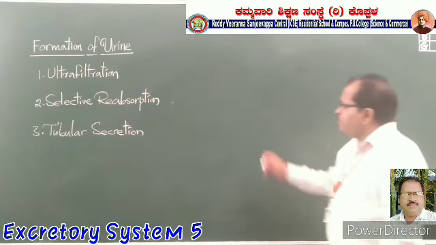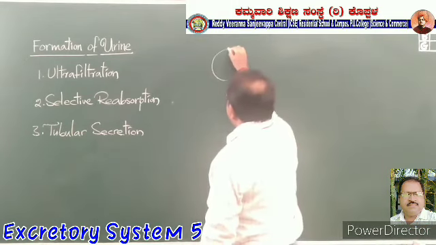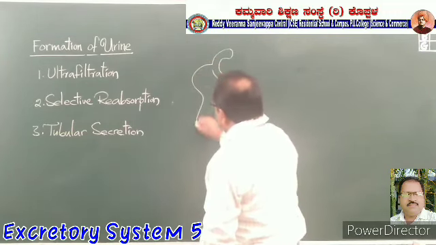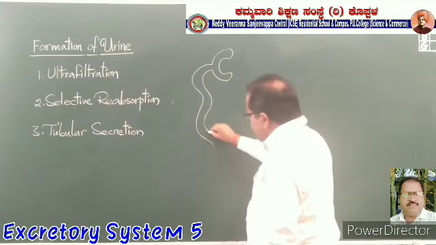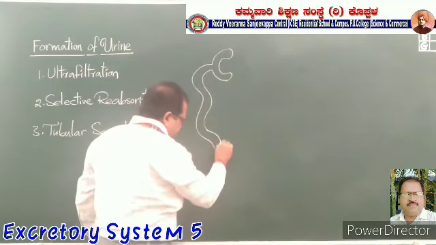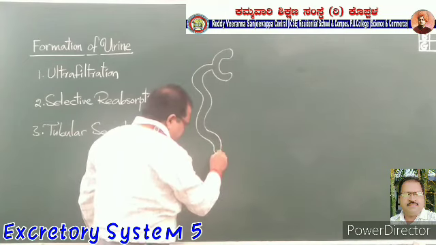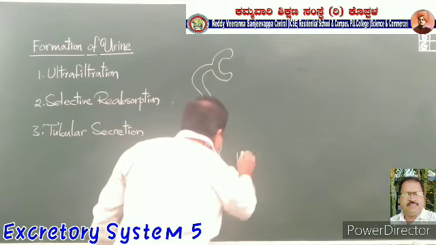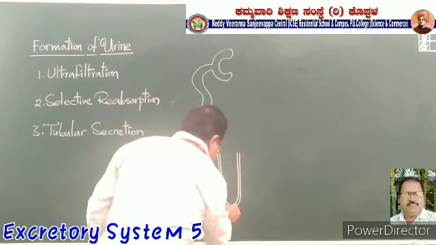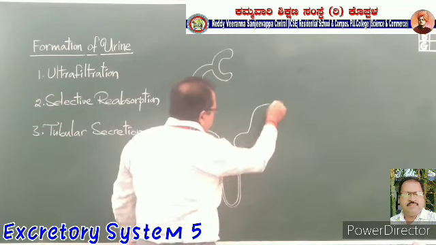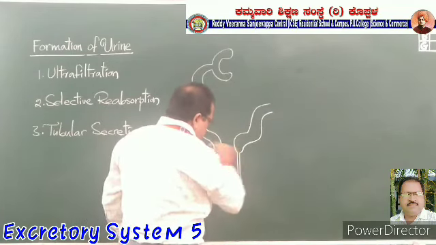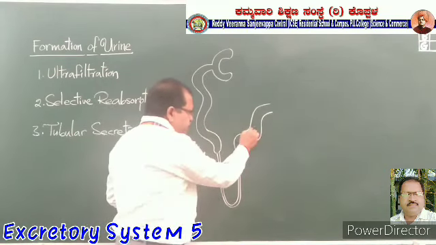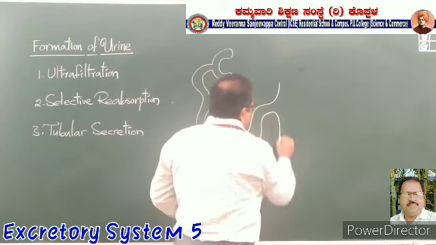Okay, the structure of the nephron, once you see that. This is the Bowman's capsule, which is connected to the convoluted tubule called the PCT, and this PCT is connected to the U-shaped hairpin called the loop of Henle, and this loop of Henle is connected to one more convoluted tubule called the distal convoluted tubule, and this is connected to the collecting tubule.